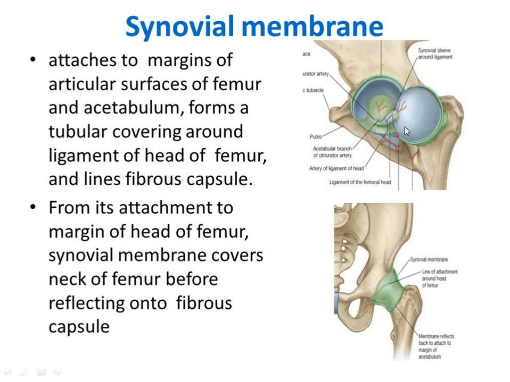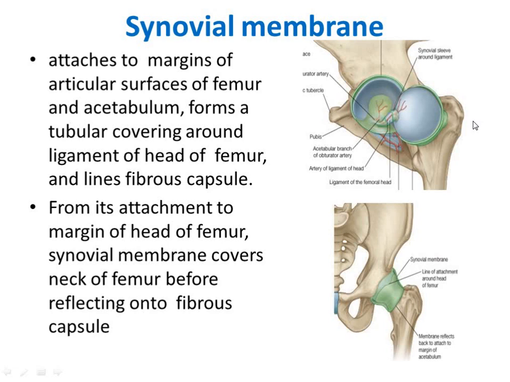From its margin to the head of the femur, its attachment, this synovial membrane covers the neck of the femur before it reflects back onto the inner aspect of the fibrous capsule. Thereby, over here it forms a double layer. It's attached here to the margin, then it goes back around the neck of the femur and then reflects back so that it lies the inner margin of the fibrous capsule.